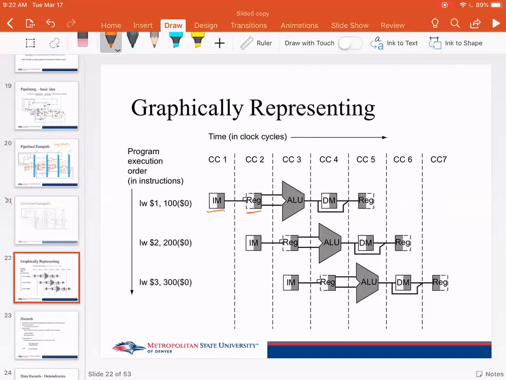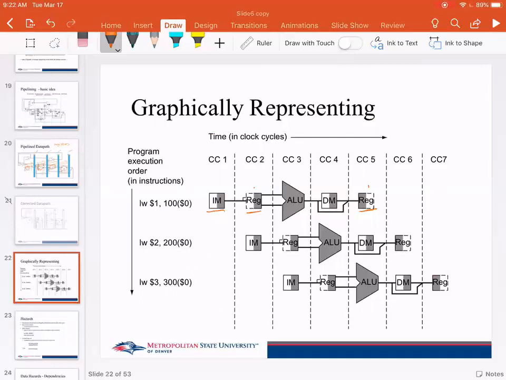ALU is the arithmetic logic unit we all know from before. DM is the data memory. And the two REGs here are the same thing; both of them refer to the register file.